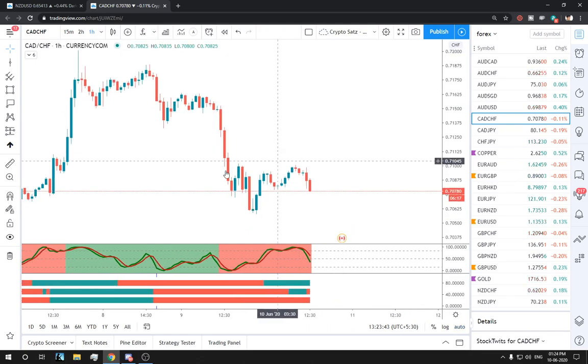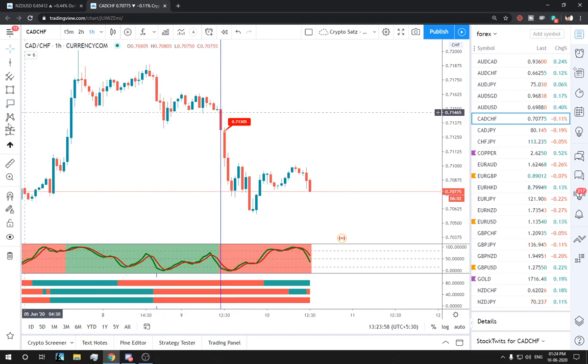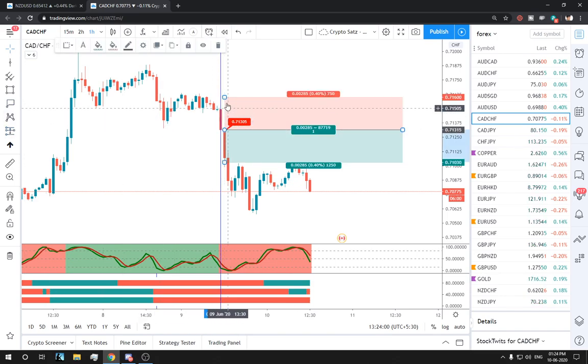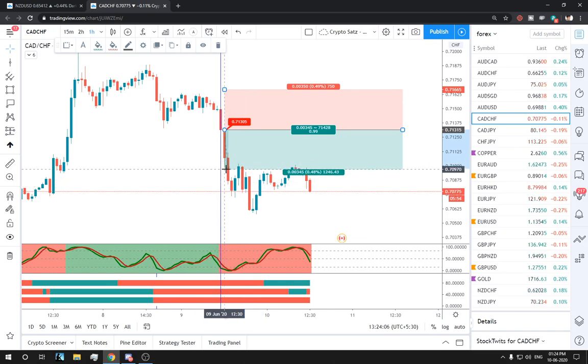CADCHF. We had a short over here yesterday, 9th June. Yeah, so shorting here. 1 to 1 at the previous structure's high, so 0.49%, and boom, this was a perfect trade.